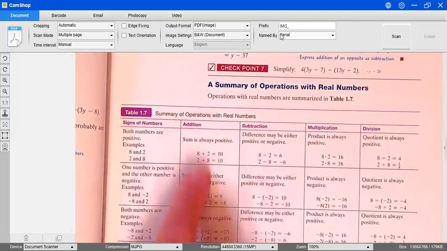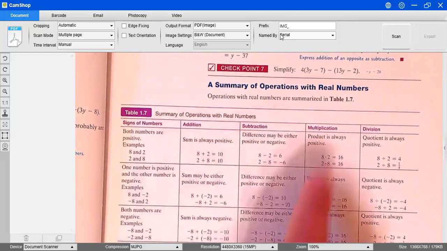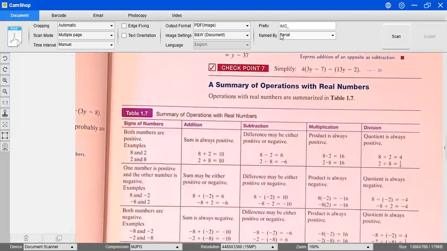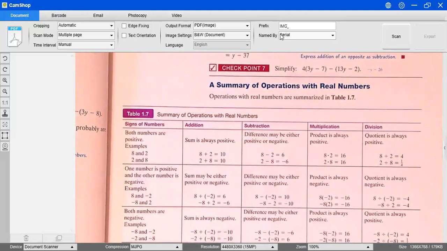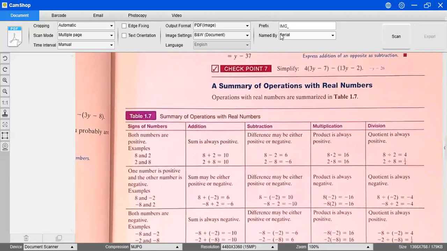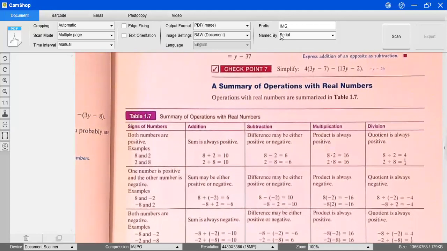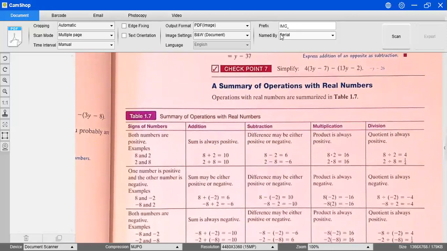So you have everything for addition, subtraction, multiplication, division. So read this, and this is important to understand. This is on page 81. And with that, we finish this lecture.